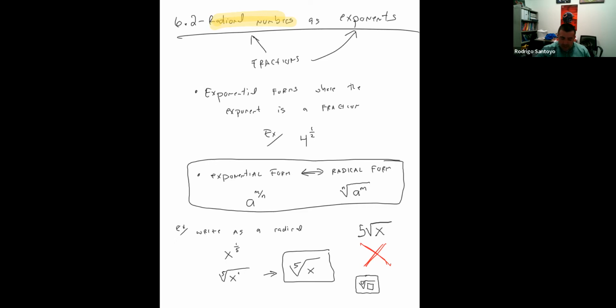All right. We should be able to go the other way. Next example, I want you to write with rational exponents.